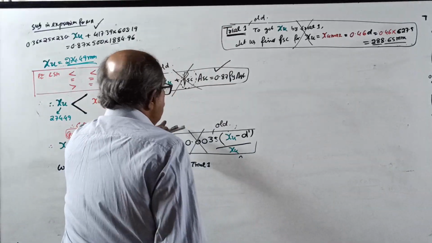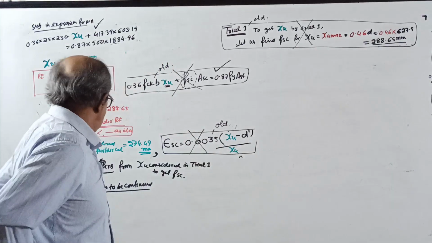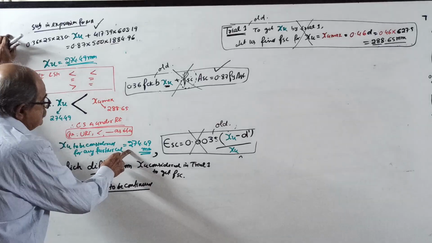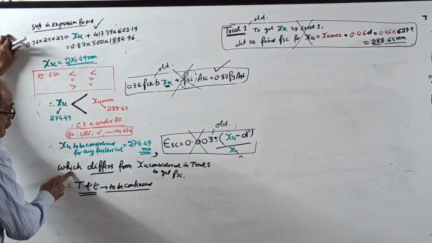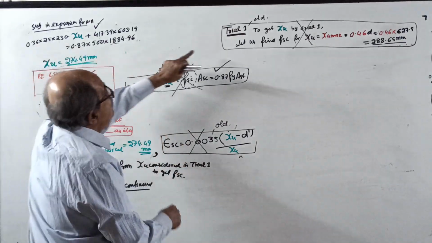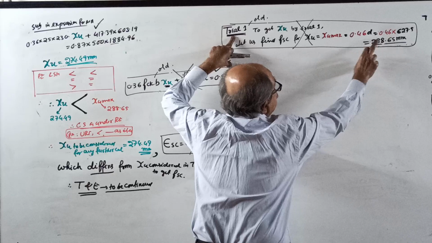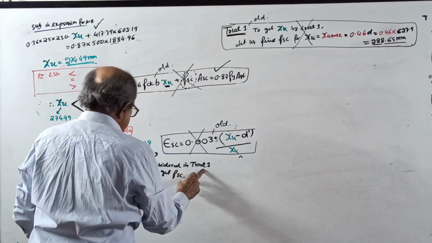Okay. Now important, I have not written anything; I will do it in front of you only. Note: Xu you got 274.49, but compare, which differs from Xu considered in trial 1. In trial 1, to get Fsc, we considered Xu equal to 288.65.